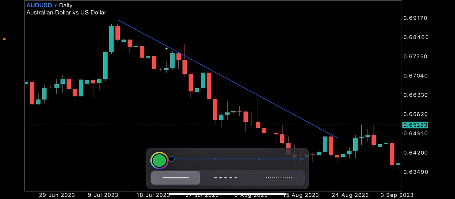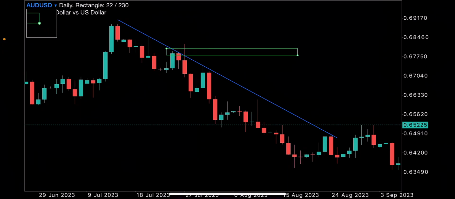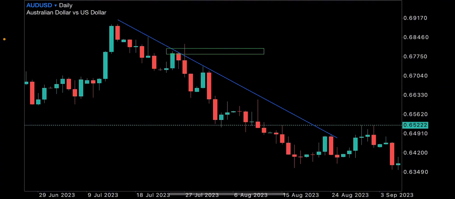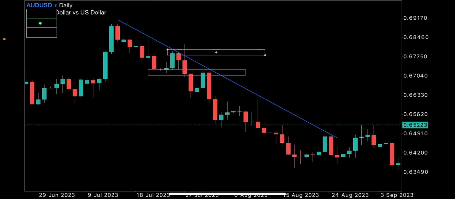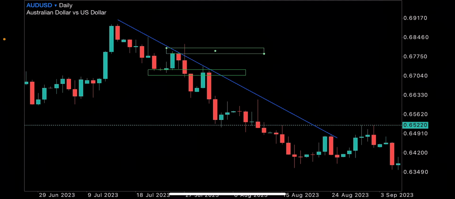This is a higher low right at this point, and putting this rectangle on this lower high, and then this is our higher low. These points right here are our resistance zone, and this point right here is our support zone.